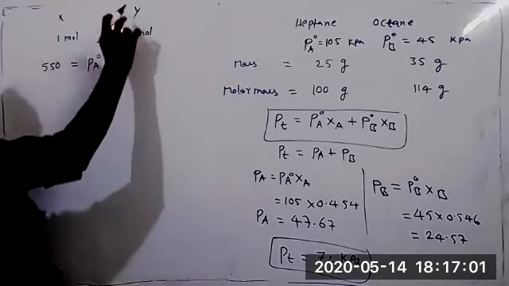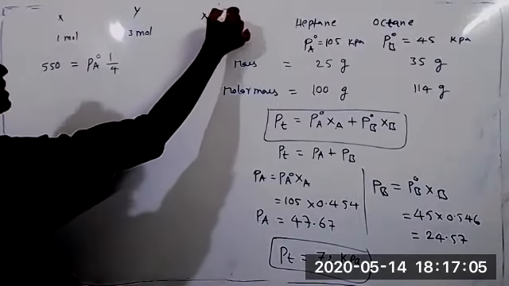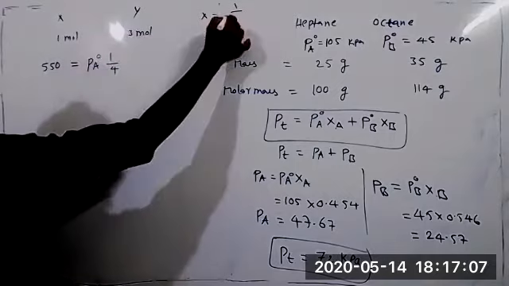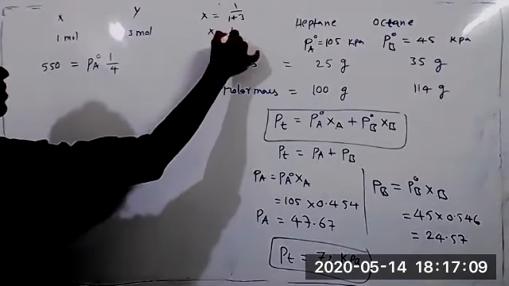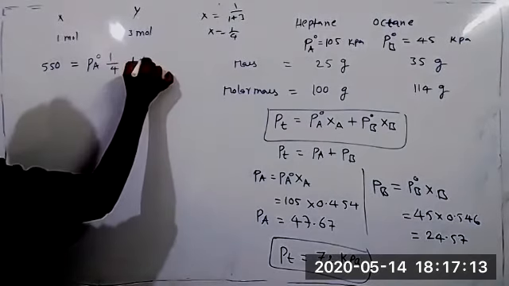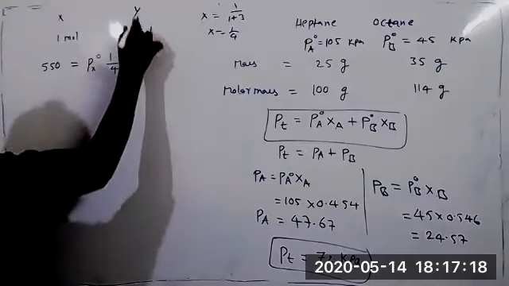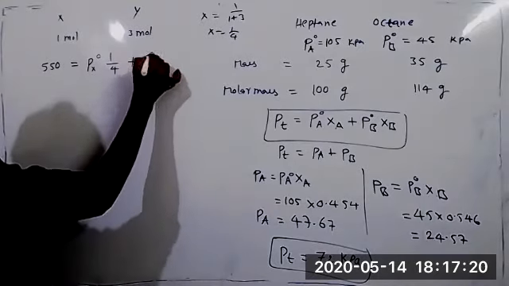See, X is 1 mole, Y is 3 moles. I want the mole fraction of X. Mole fraction of X is equal to 1 by 1 plus 3, so X is equal to 1 by 4. This is the mole fraction of X, plus Py power 0. So to avoid confusion, here write X on Px power 0. This is Py power 0.